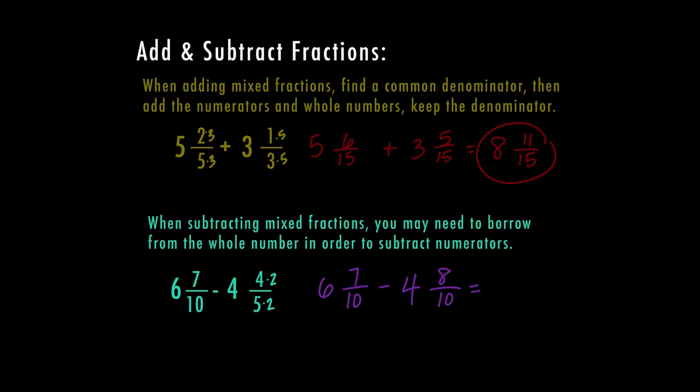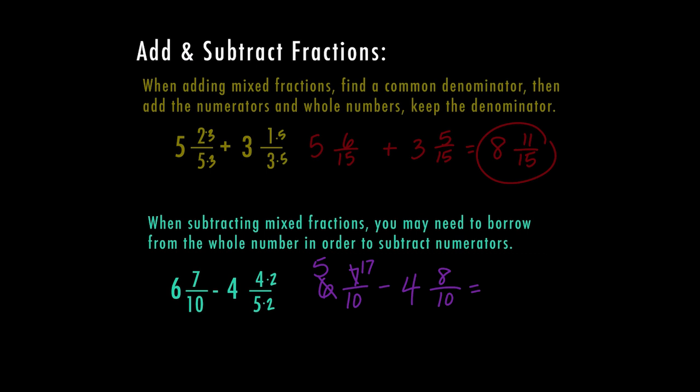And I'm going to need to borrow in order to make my 7 larger so I can subtract 8. So if I borrow from the 6, that becomes a 5. And now I'm adding 1 whole to this 7/10, and that 1 whole is a fraction of 10 over 10. So this 7 becomes 17.